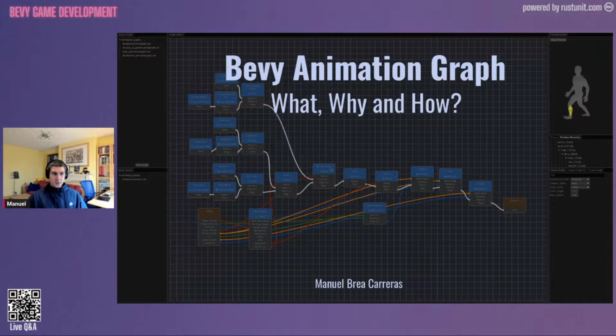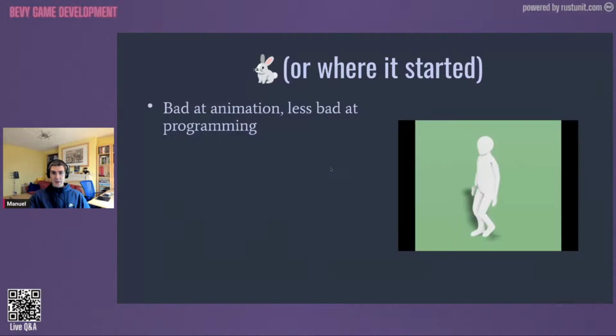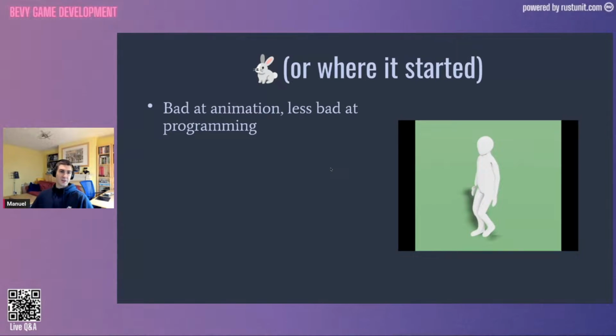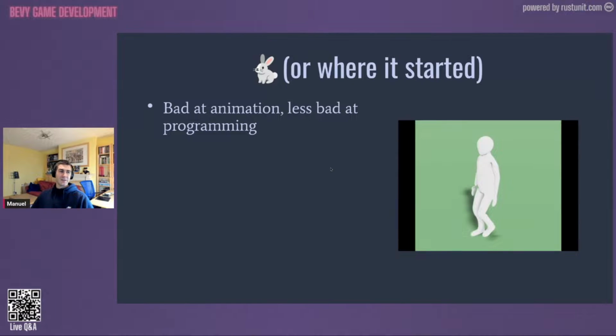So let's get started. I think it's a good place to start that I explain why I actually started working on this animation graph, and a bit of where the inspiration for the design was. A couple months ago, I started working on a game project on the side, mostly like a hobby, but eventually got to the part where I need to do a character controller.